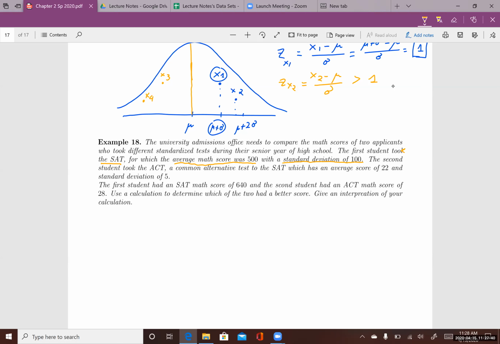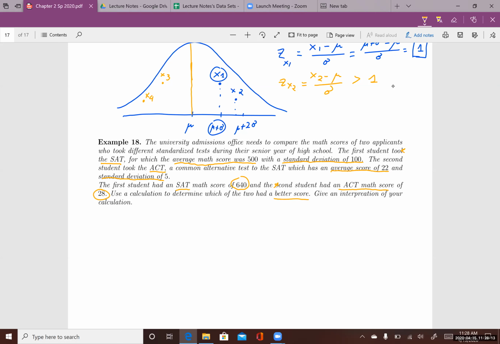The second student took the ACT test, a common alternative test to the SAT, which has an average score of 22 and a standard deviation of 5. The first student had an SAT math score of 640, and the second student had an ACT math score of 28. Use a calculator to determine which of the two had a better score.